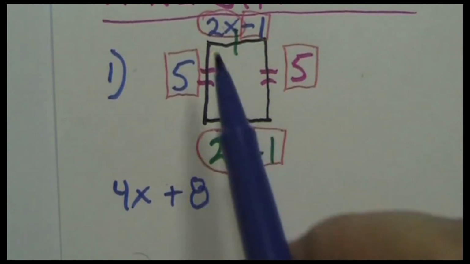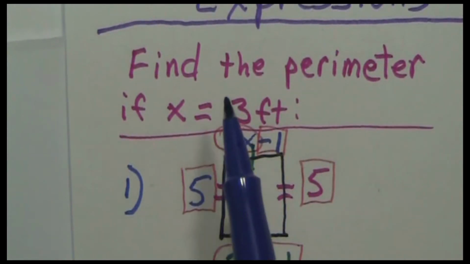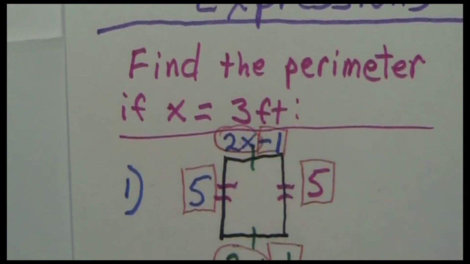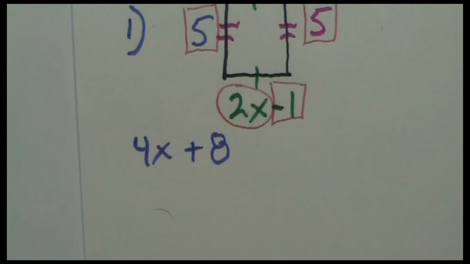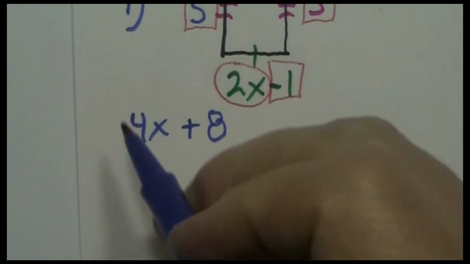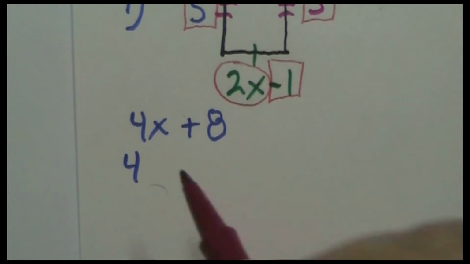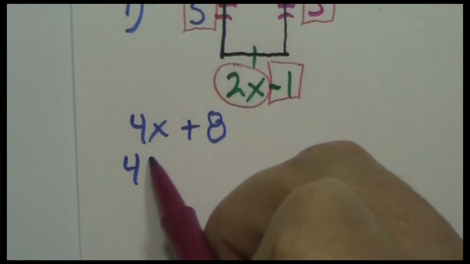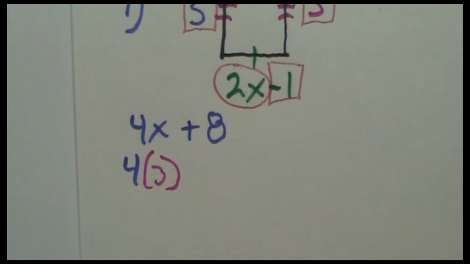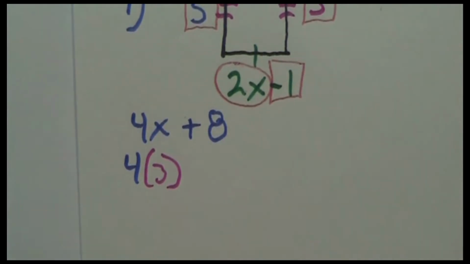And the question is, find the perimeter if x is 3 feet. So if x is 3, this is what we have. We have 4, and this is 3. And then you have plus 8.